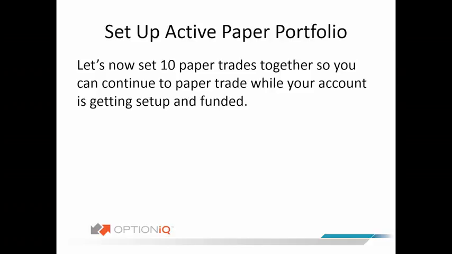This is going to allow everyone to go home from this event and actually watch potentially real trades. You don't have any money in your account, but they're trades that were recommended by the system that you can see live each day how they actually perform in the live market. So this is going to give everyone a chance to start out with 10 paper trades as their little active portfolio and watch those trades each and every day to see how they're doing.